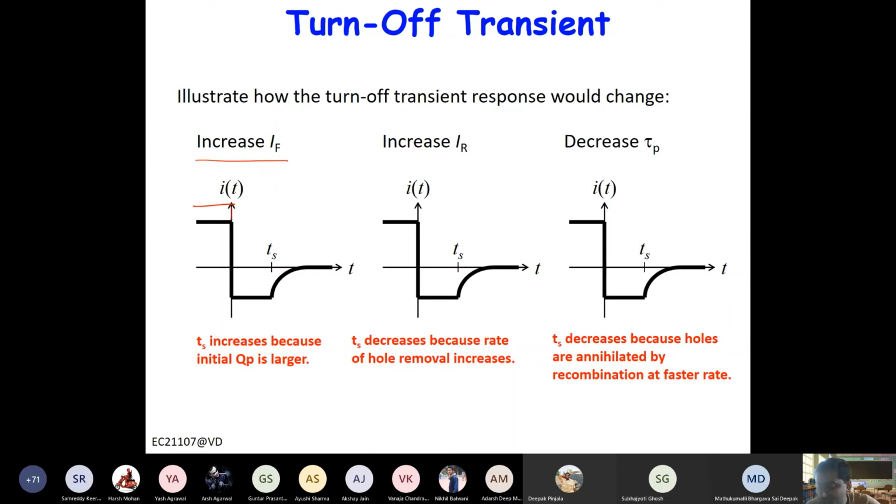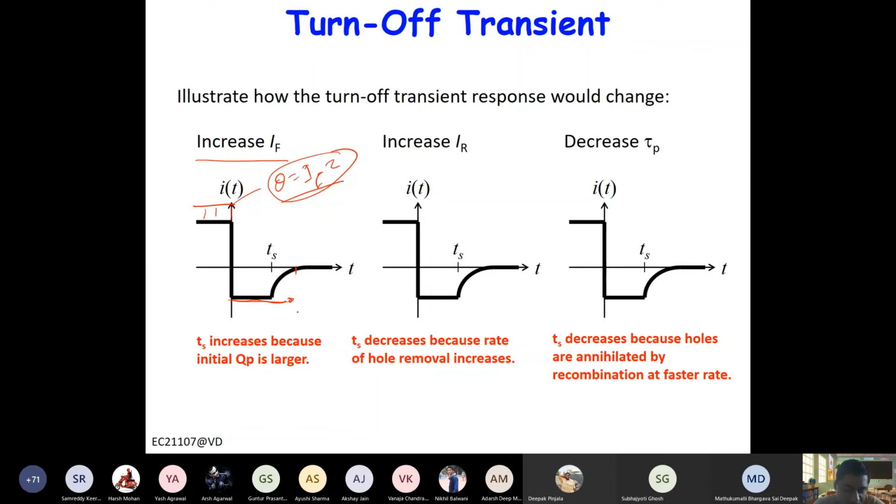Come on, any response? See, IF is more. That means Q, which is IF times tau, is more. So the charge is more, and this current is constant. With constant current, it will take more time to remove the charge. So your tau s will be increased.